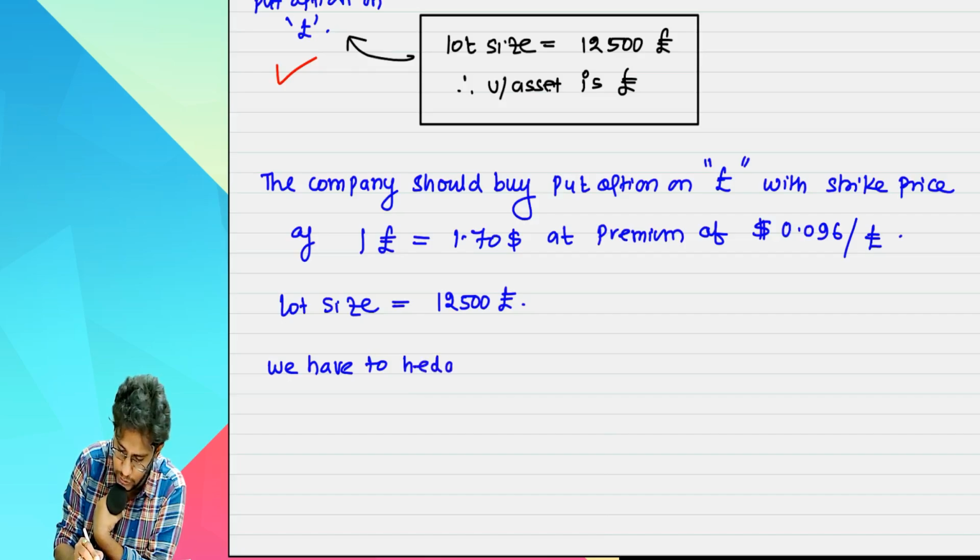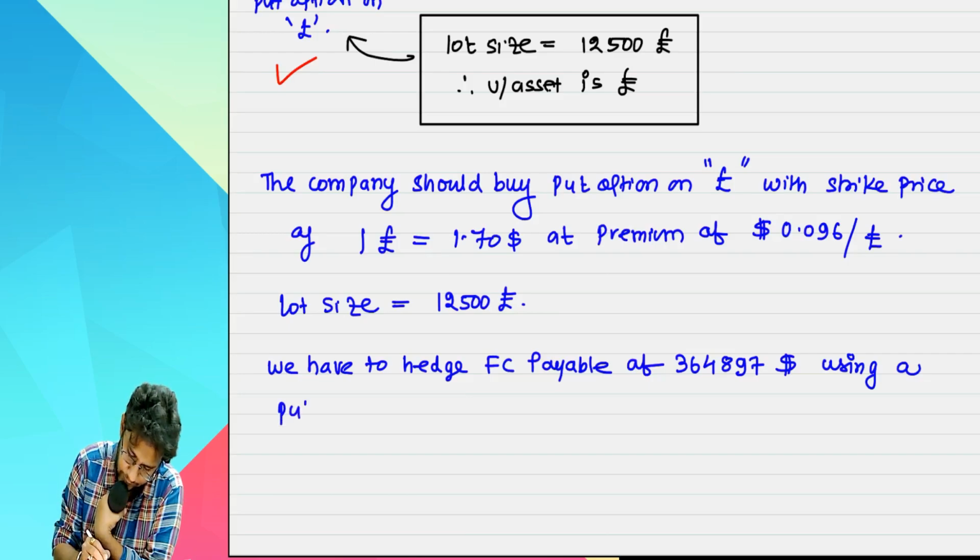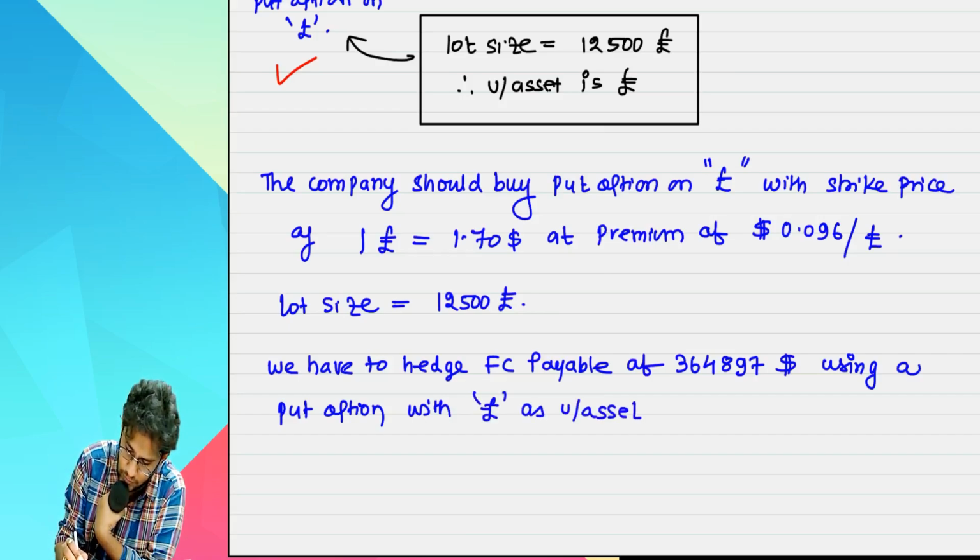We have to hedge the FC payable of $364,897 using a put option with pound as the underlying asset.